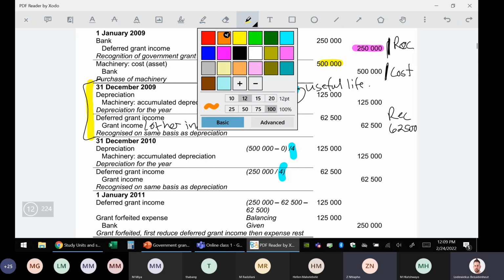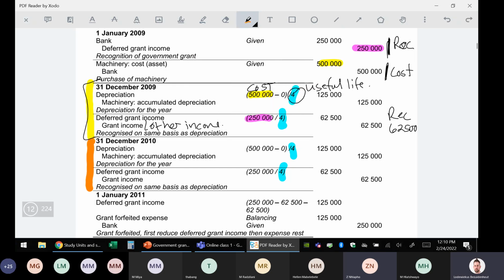Then we have the next financial year, and it is the same information. Depreciation, 125, credit accumulated depreciation. Debit deferred grant income with 62, credit the grant income or other income with the 62,500.